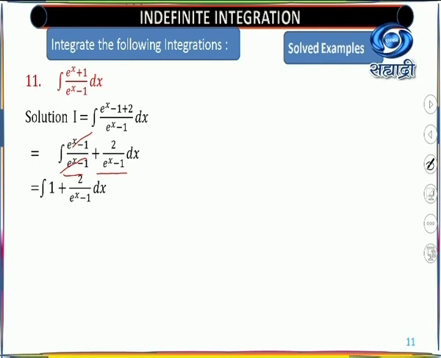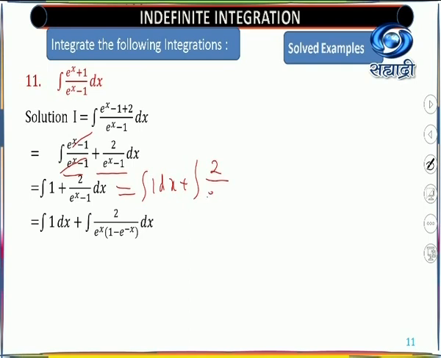So you will get 1 plus 2 upon e raised to x minus 1 dx. Now integration as usual, integration of 1 dx plus integration of 2 upon e raised to x minus 1. Here this one is the step. What is that step? 1 into dx plus integral of 2 upon e raised to x minus 1 dx.